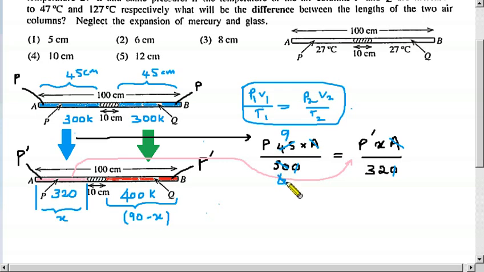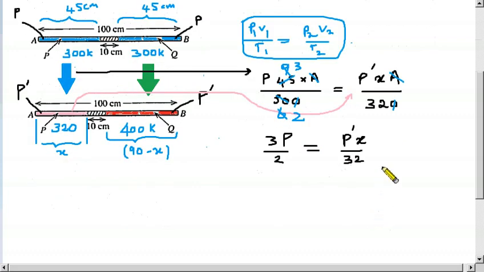Furthermore we can divide by 3, 2 here, 3 there. Then we get 3P divided by 2 equals P dash X divided by 32. Okay, let us stop here for a moment.